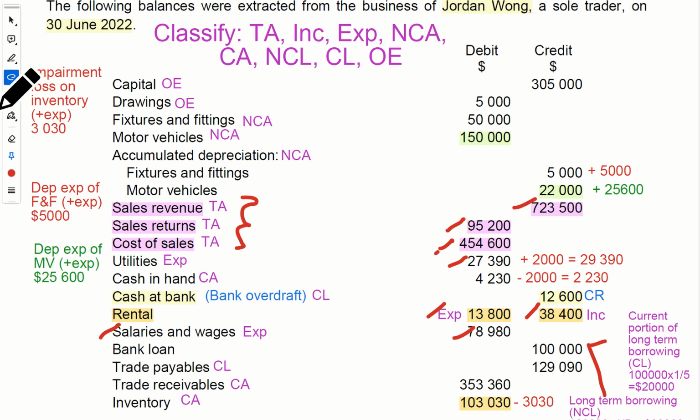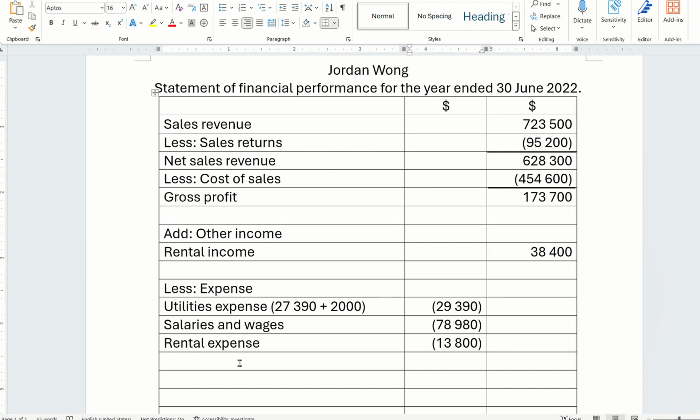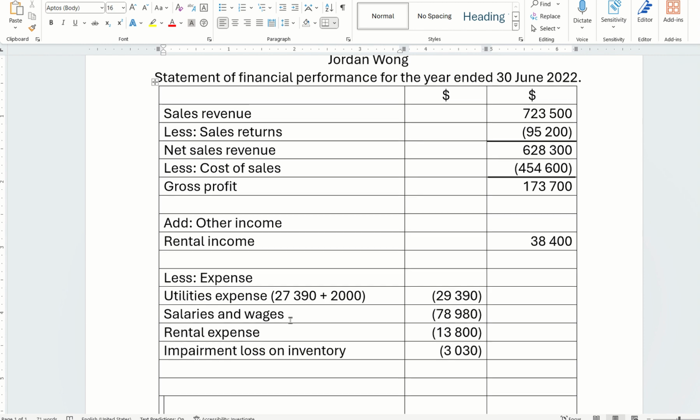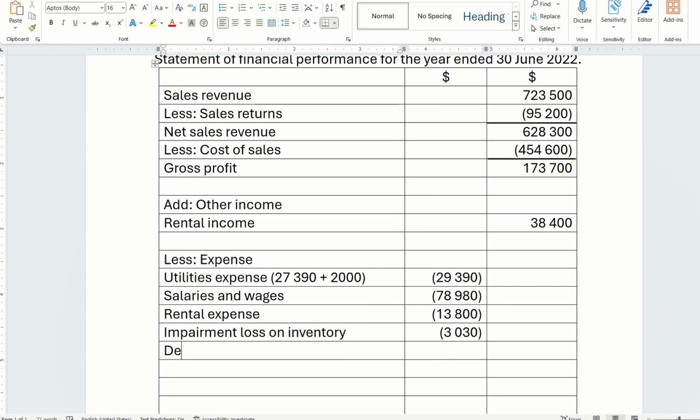Next, at the side, there are also some expenses, and I'm going to record these expenses now. Impairment loss on inventory. I'm going to transfer it over. And I will always have depreciation.